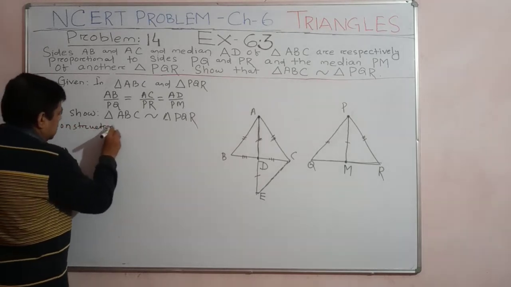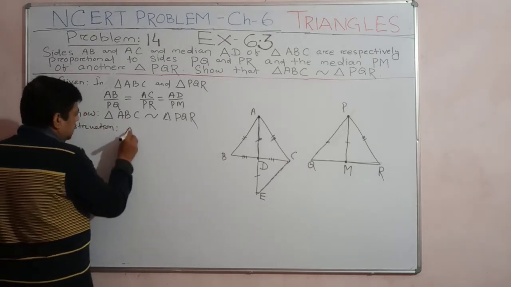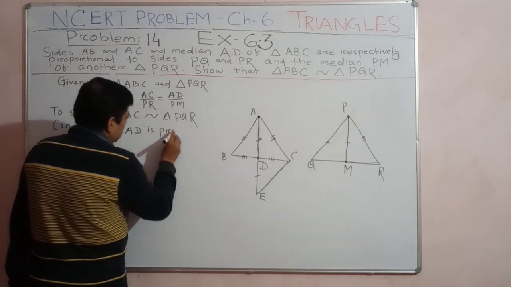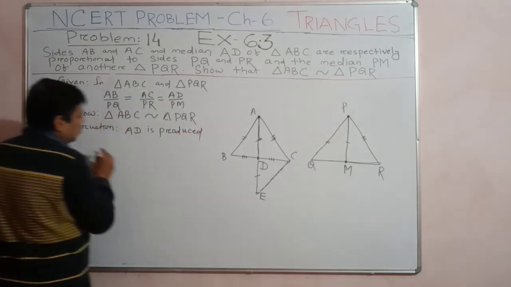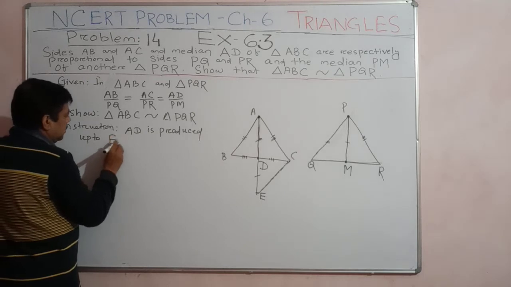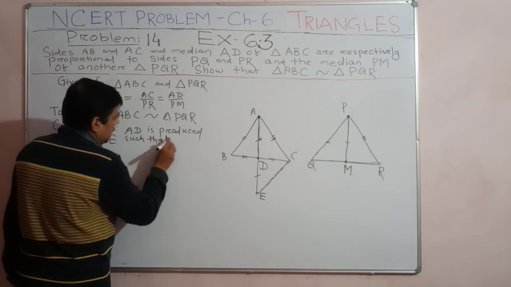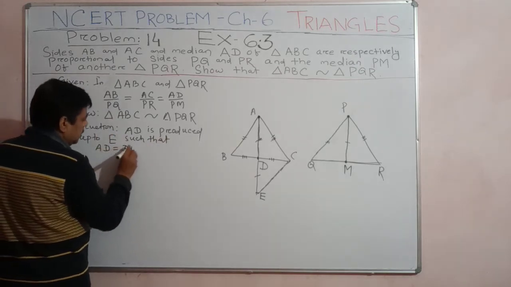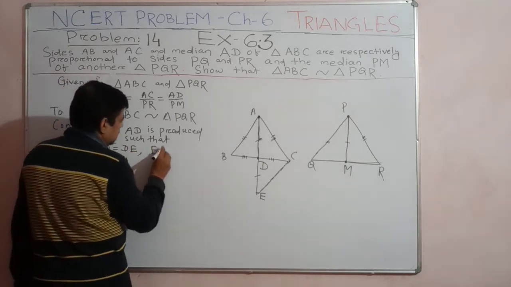The median AD is produced up to E, such that AD is equal to DE, and EC is joined.